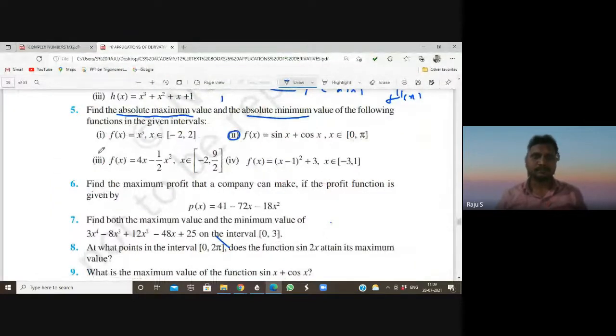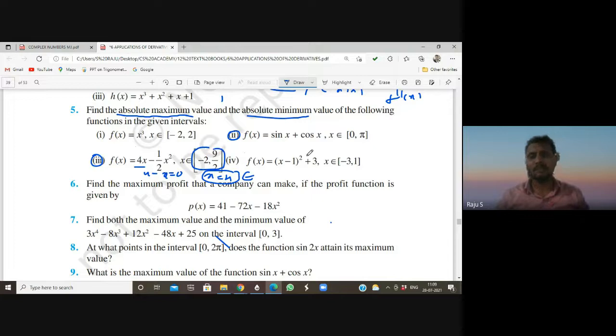Next. Third subdivision: differentiating 4x minus x, we will get 4 minus x equal to 0, x is equal to 4. Yes or no? Differentiate here: 4 minus 1 by 2 into 2x, the 2 gets cancelled, 4 minus x, then x is equal to 4. Does x is equal to 4 belong to this interval?